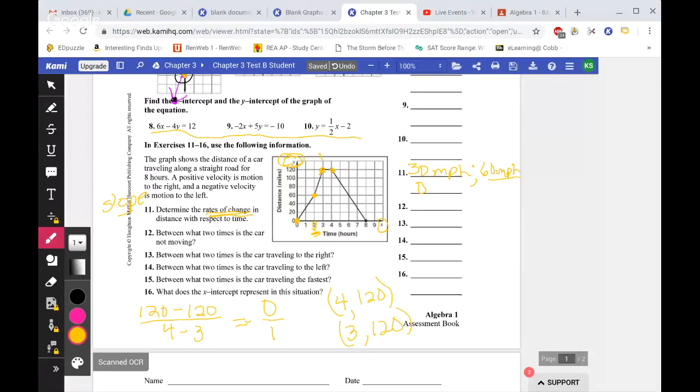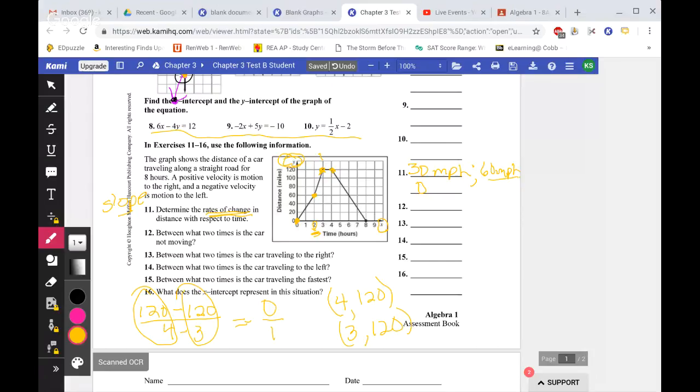And it really doesn't make any difference which ones go first with ordered pairs. It's just very important that one ordered pair is on top of another ordered pair. But then you've got 0 miles per hour for that one.